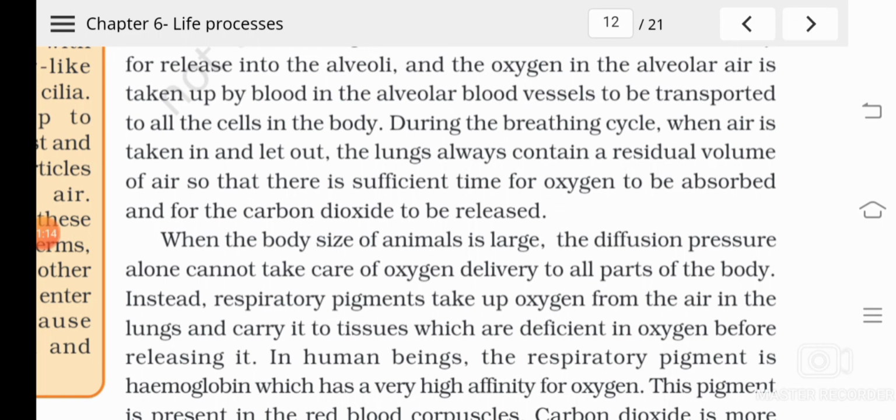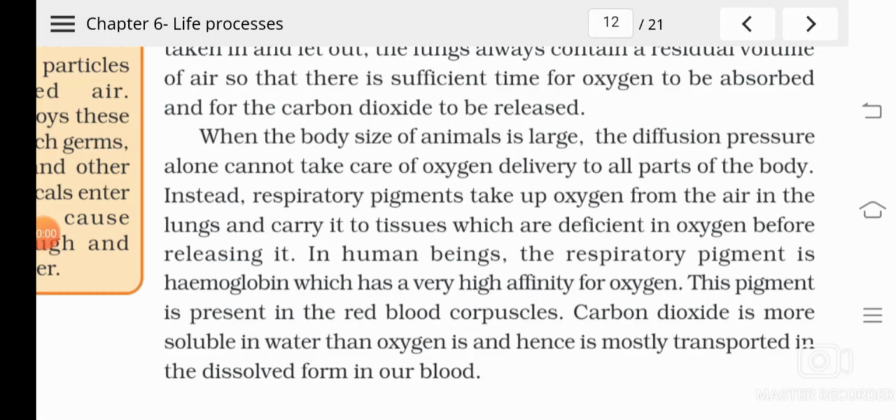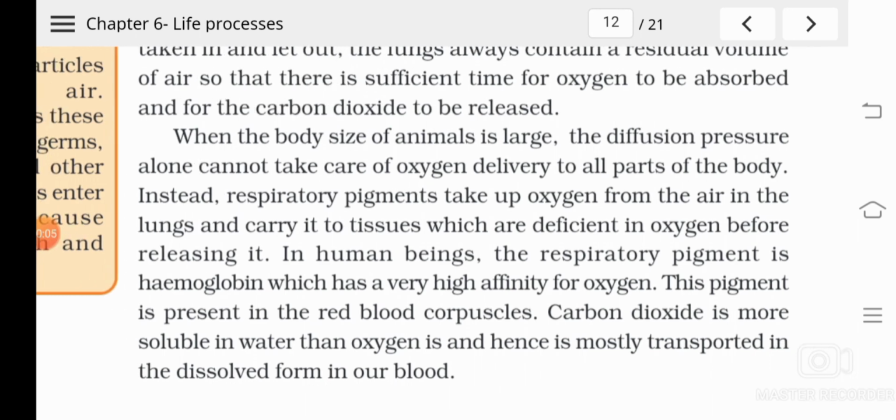If the body size is large, the diffusion pressure is not enough; like in the case of plants, the respiratory rate is less, as I told you, because they need less energy. To ensure that a sufficient amount of oxygen is delivered to the cells, there are respiratory pigments that help take oxygen from the lungs and carry it to the tissues.